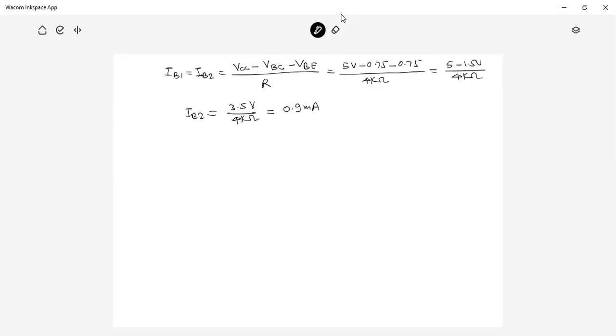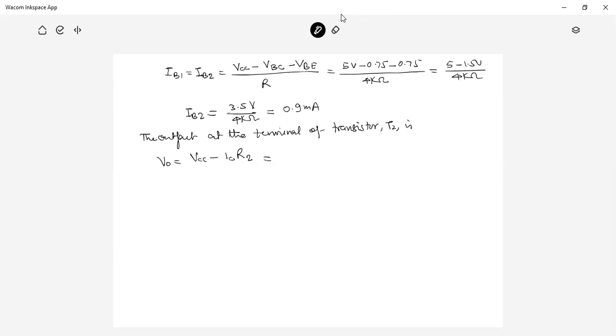And this current is flowing through this. So the output at the terminal of transistor T2 is V0 equal to VCC minus IC RC.